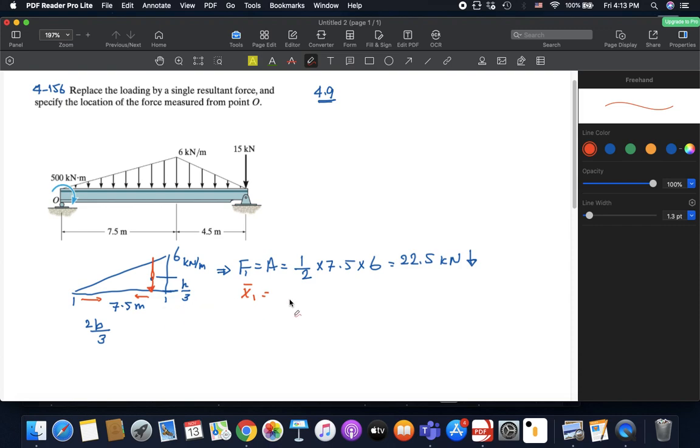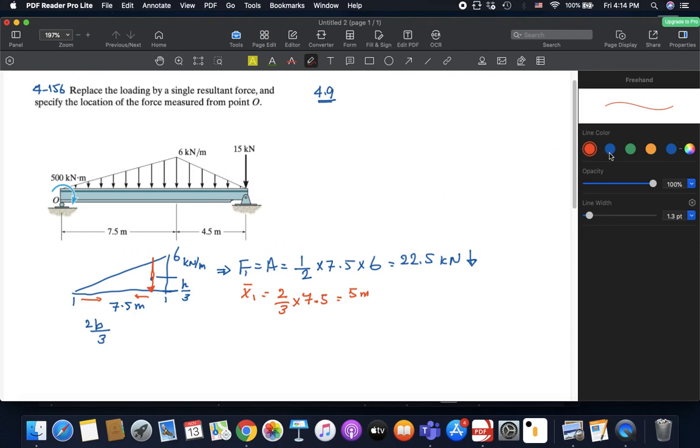X1 bar is simply 2 over 3 multiplied by the base, which is 7.5. 2 over 3 multiplied by 7.5, this is 5 meters. So our concentrated load for this first triangle has a value of 22.5 kilonewtons pointed downward, and it's positioned 5 meters from point O.